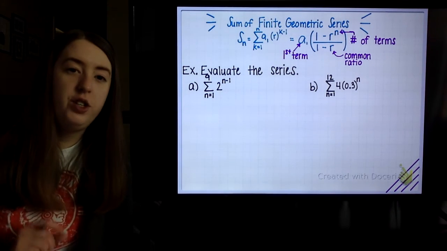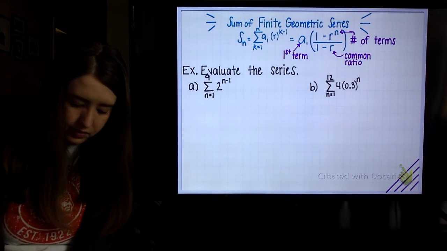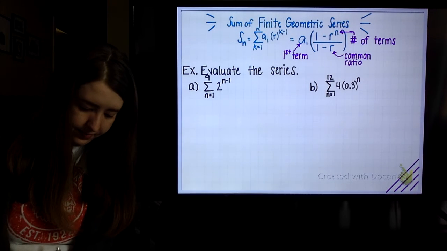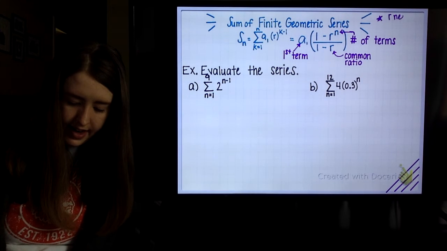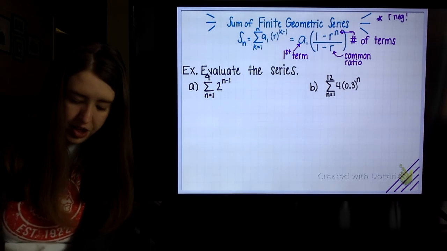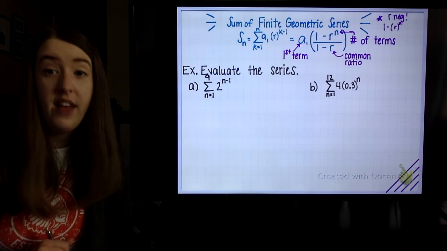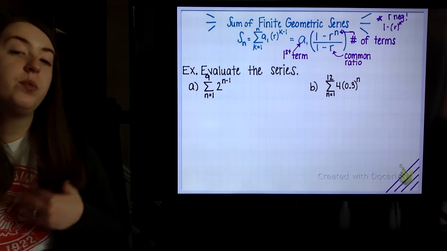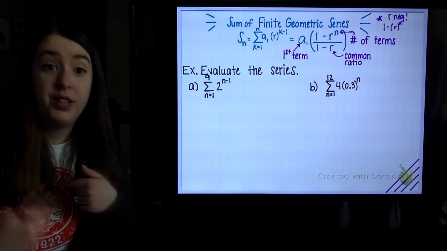One thing I want you to be careful about. If r is negative, you need to make sure that you put parentheses around it in 1 minus r to the n. I know it's really tempting to say, oh, minus a negative is plus a positive, so change that.